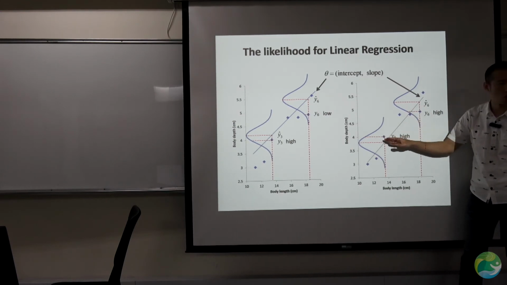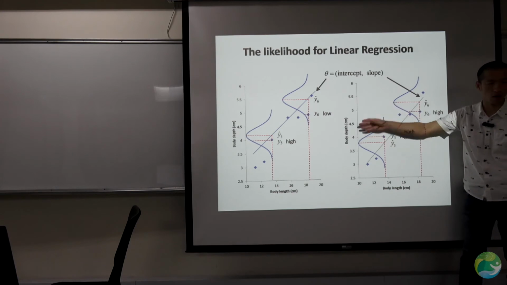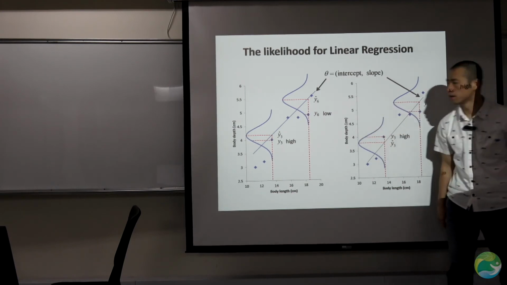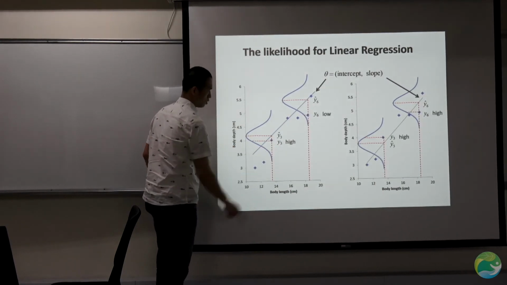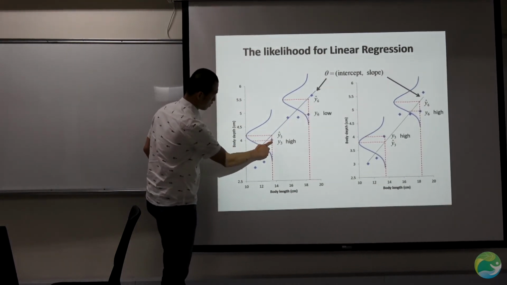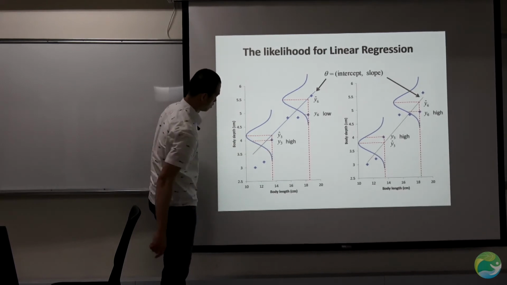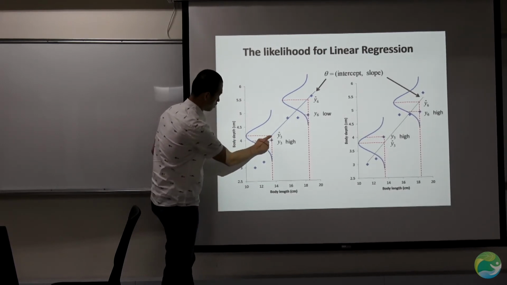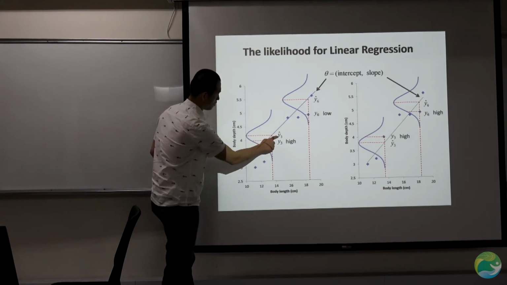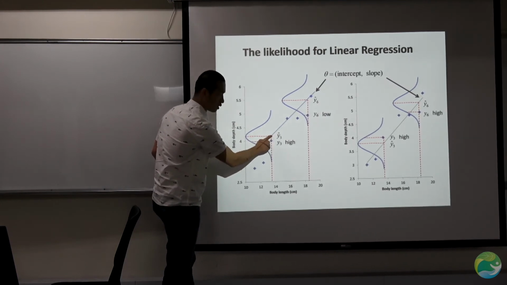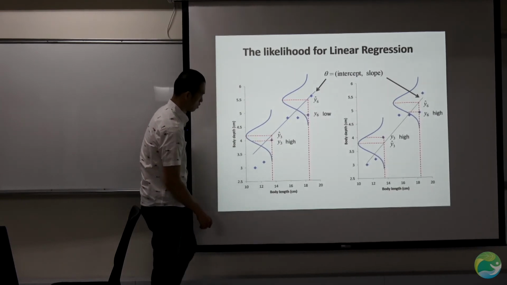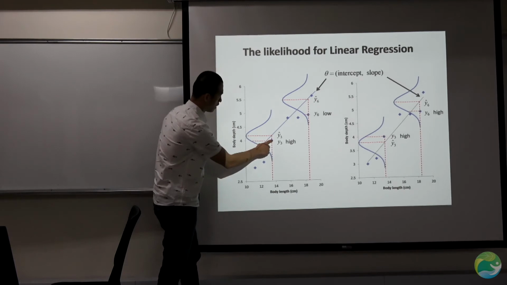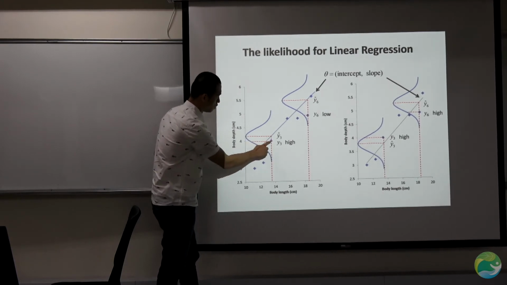So I'm going to show you the likelihood for each data point, okay? For example, this data point, Y3, this is the value, and this is the predicted value, Y hat. Okay? So this is the likelihood given the model is here.